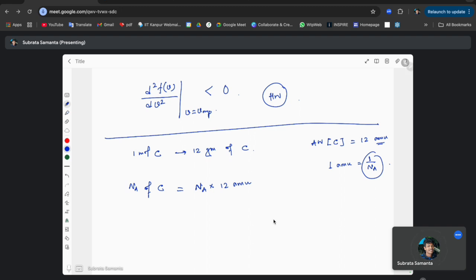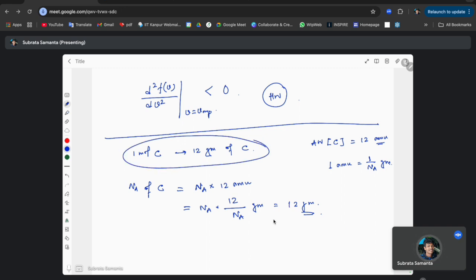So this Na times 12 mu is 12 over 1 mu is 1 over Na gram, so it's basically 12 gram. So 1 mole of carbon is basically 12 gram of carbon.